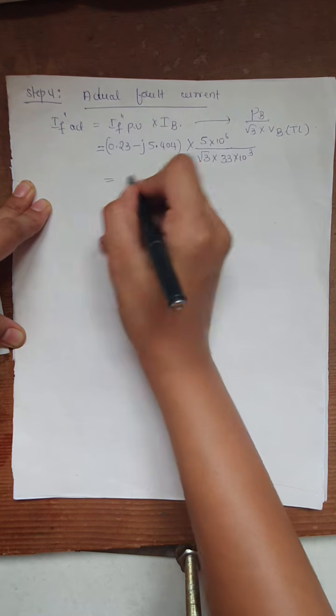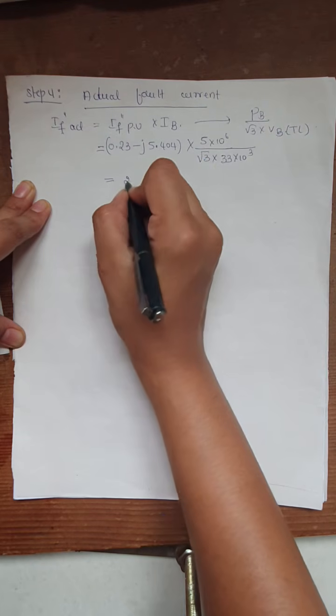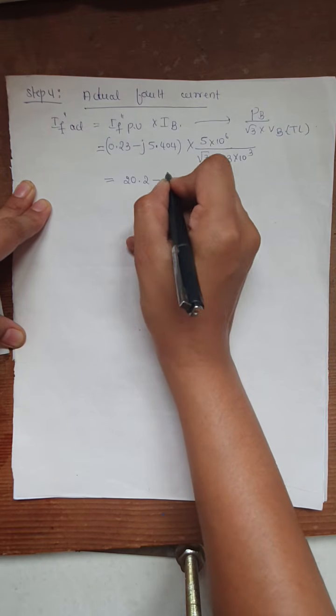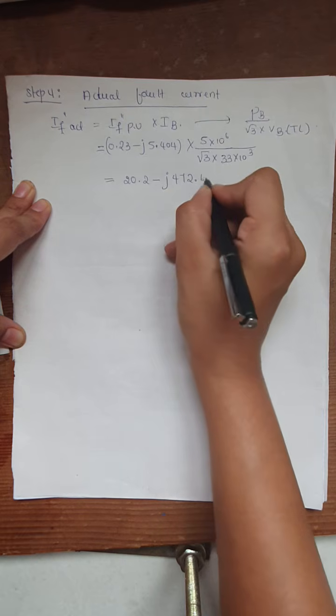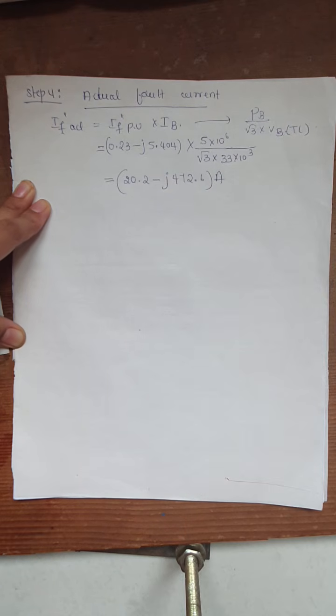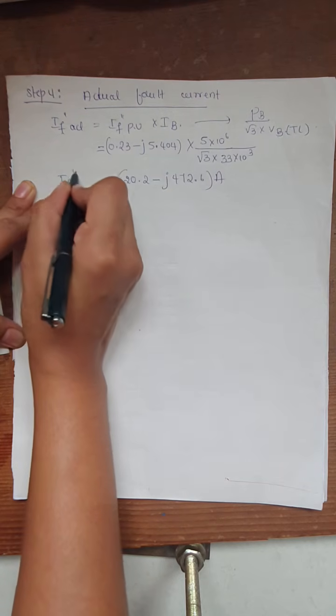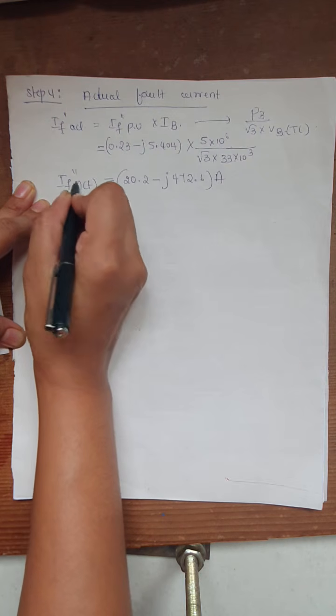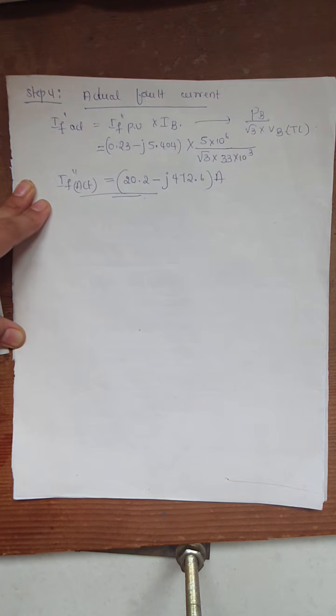Finally, after the substitution we get the final answer as 20.2 minus J 472.6 ampere. This is the answer for the given problem, IF double dash actual. So that completes the problem. Thank you.